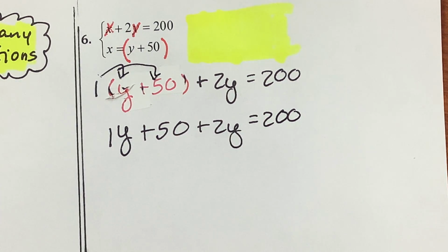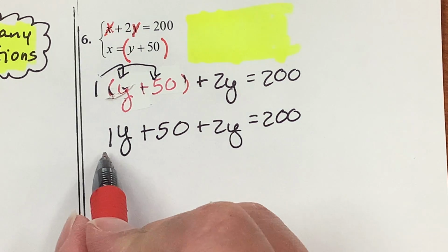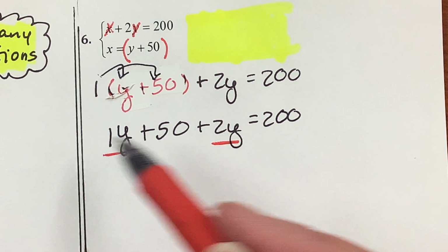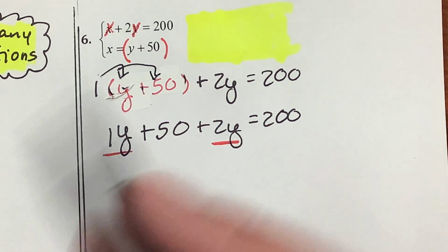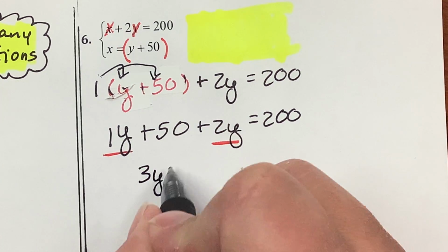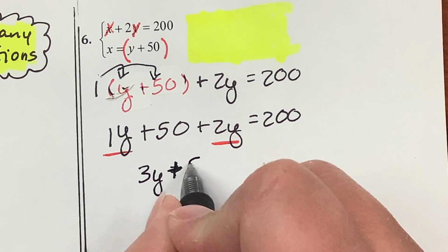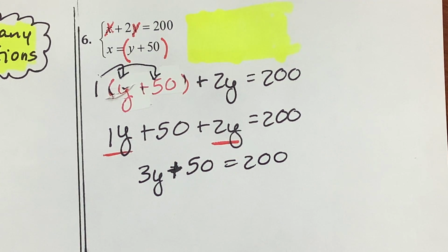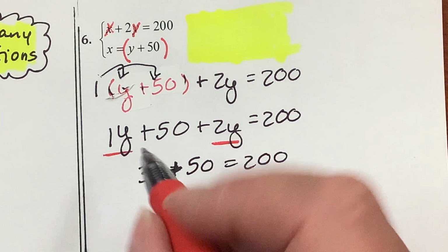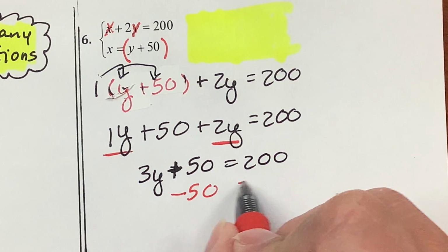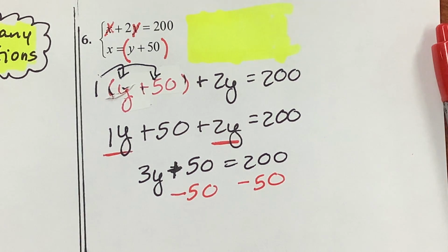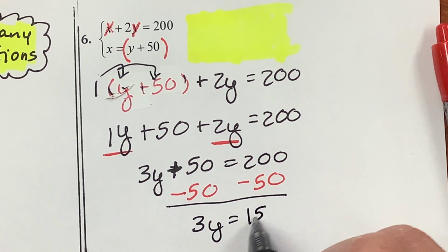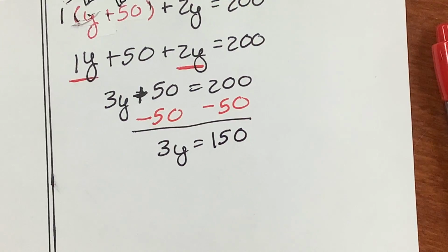Now look, even though they're not next to each other, 1y and 2y are on the same side of the equal sign, so you can just add those together to get 3y plus 50 equals 200. I want to get all the numbers to the opposite side, so I'm going to subtract 50 from both sides. And I get 3y equals 150. Not too bad.